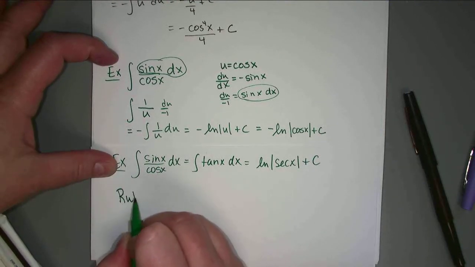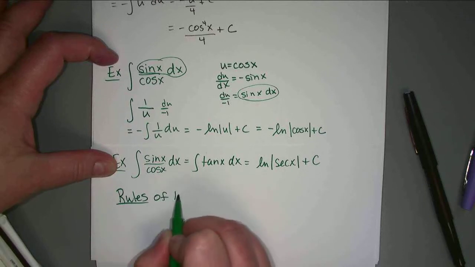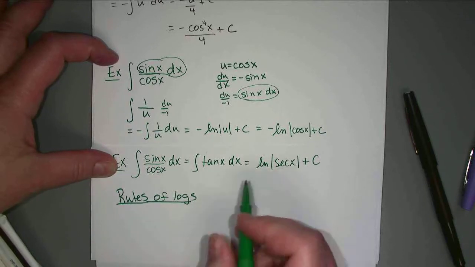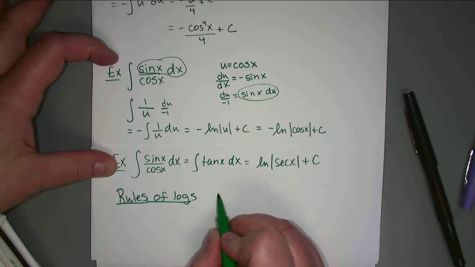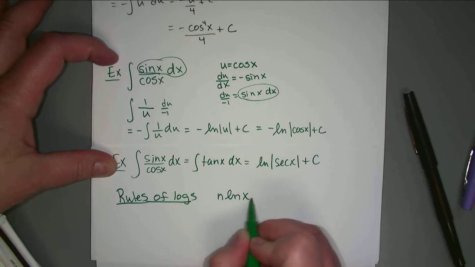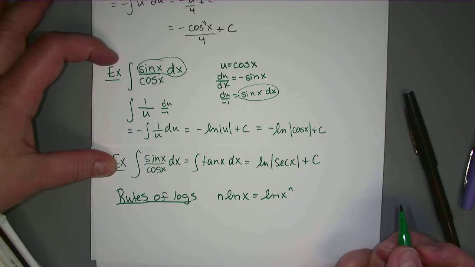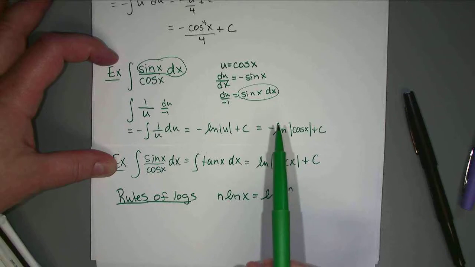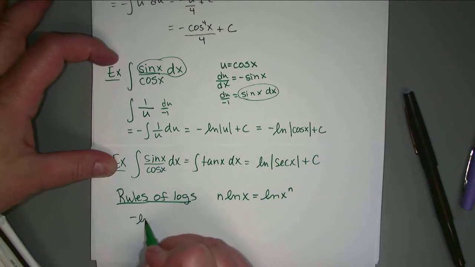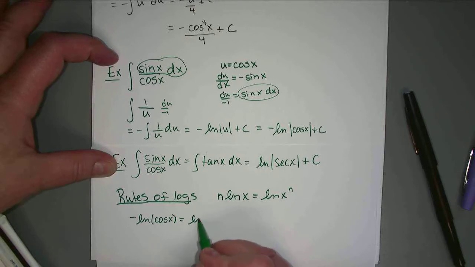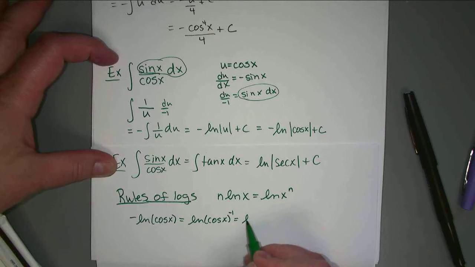If you remember rules of logs, which you may or may not remember, but they are important in math, if we have n ln x, that's the same as ln x to the n. That was one of the rules of logs, if there was a number in front. Now look up here. If we treat this like a -1, let's just put a round bracket to make it easier, then this would be ln of cos x to the -1, which is ln of 1 over cos x.